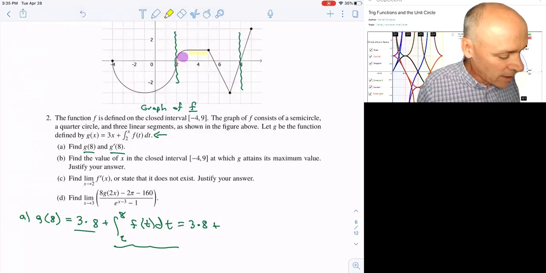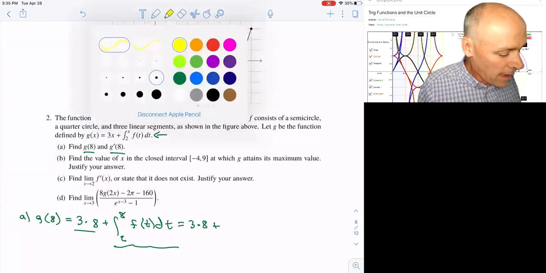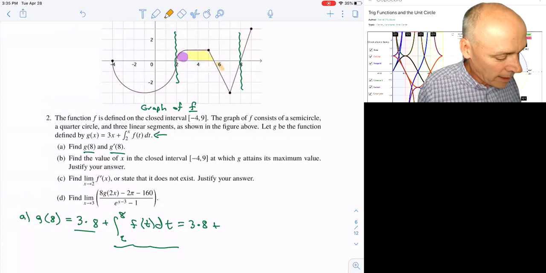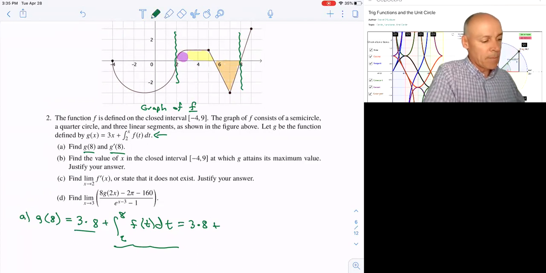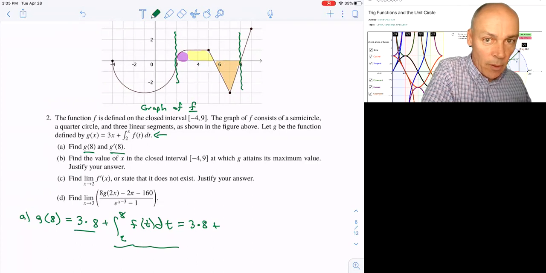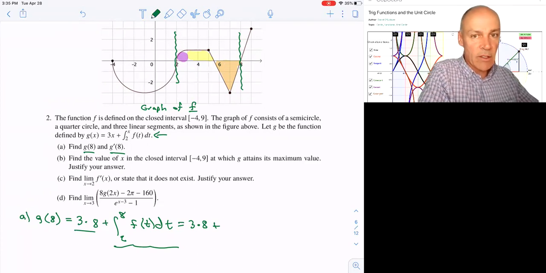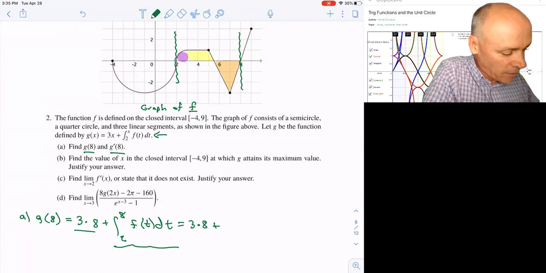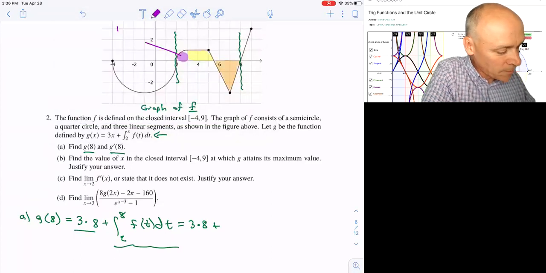I'm going to treat this like a trapezoid. And then I got one more, I got a triangle. So I just have to come up with those 3 areas, and then also be aware of, is my function above the x-axis or below the x-axis? Okay, so my first one, that quarter circle, well, it's a quarter circle.